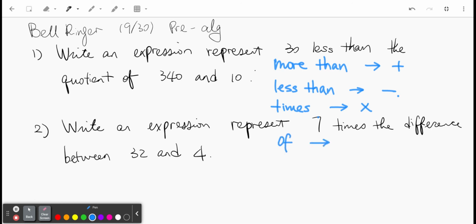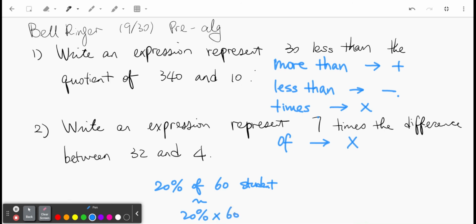And sometimes you will see off. Off means what? You will see some examples like 20% of 60 students. So what does that off mean? Off can be translated into add, subtract, multiply, or divide? Multiply. So whenever you see off, it basically means multiply. So 20% of 60 students is 20% times 60.